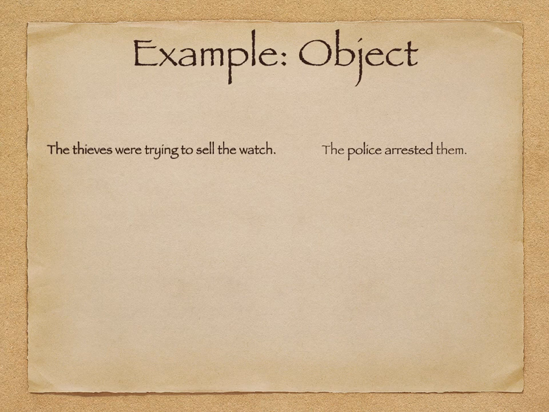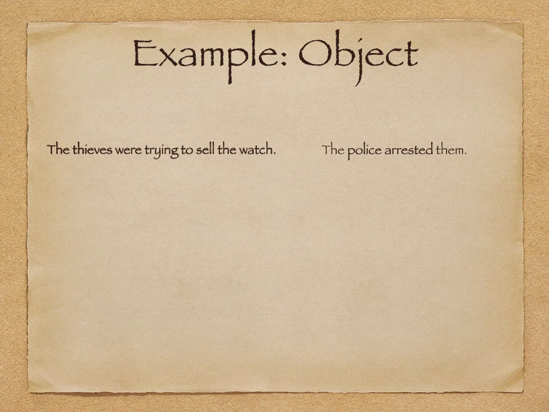All right, let's look at an example where the relative pronoun is the object of the clause. So again, I've got two independent clauses and I want to combine them. So I've got, the thieves were trying to sell the watch, and the police arrested them. Let's take that second independent clause and make that one our adjective clause. The police arrested them.